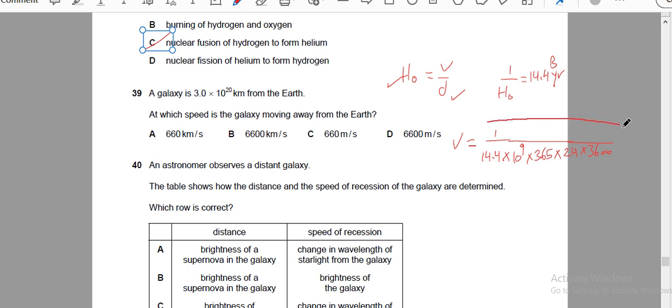And all of this, which is the inverse of the Hubble constant, will be multiplied by the distance of galaxy, which is 3 times 10 to the power 20.